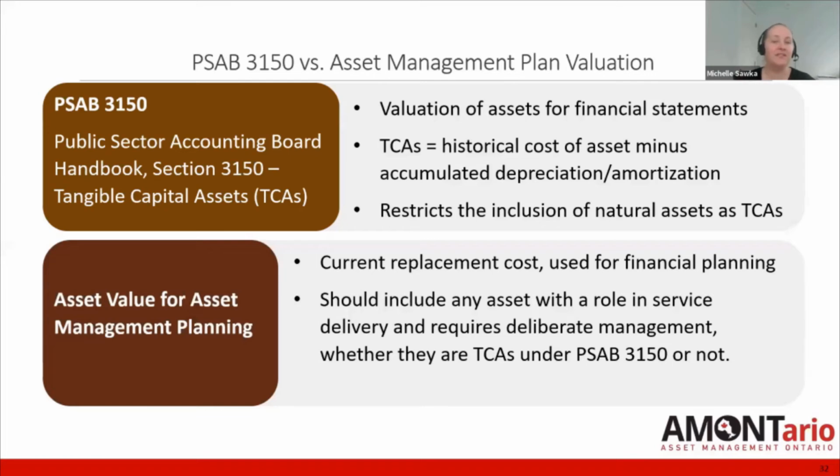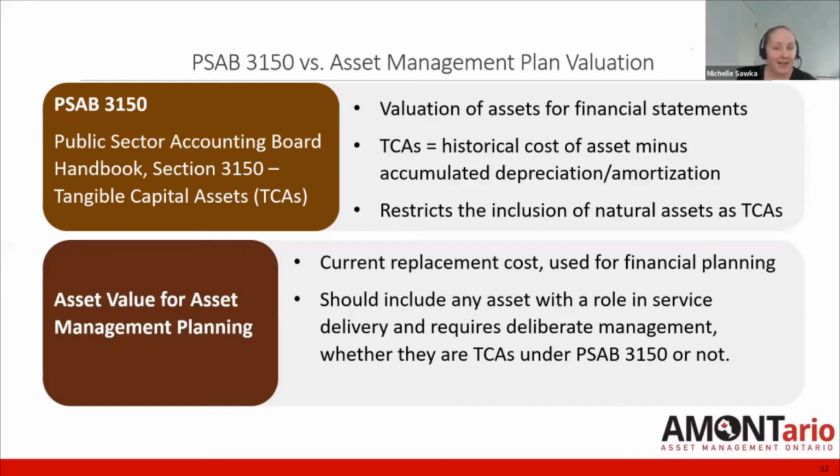Now, as we just learned, asset value for asset management planning should ideally be calculated using current replacement costs, not historical costs. So it's really important to note that assets in an asset management plan do not need to be tangible capital assets or TCAs in order to be included.